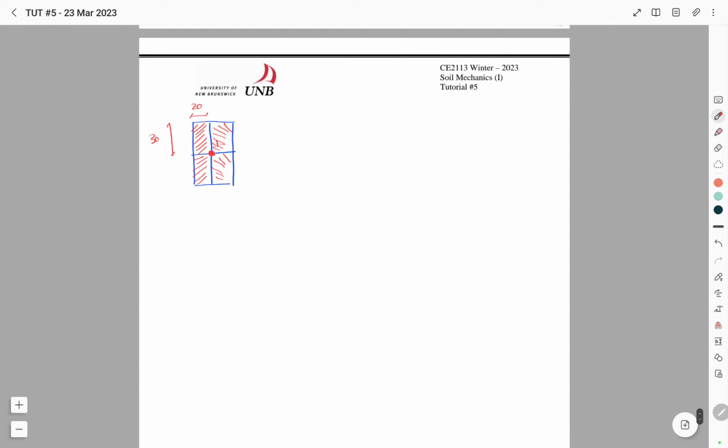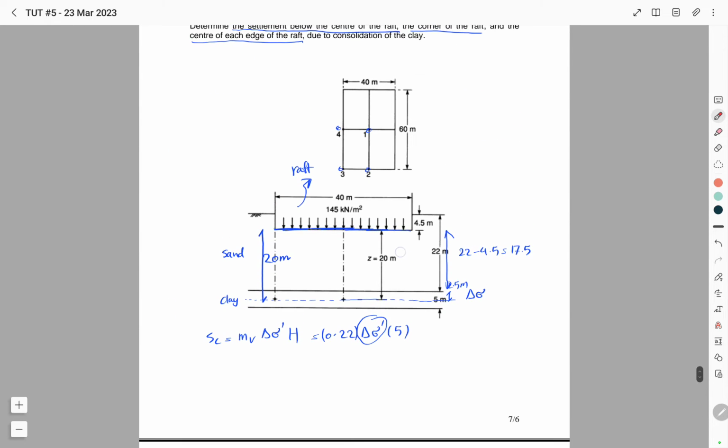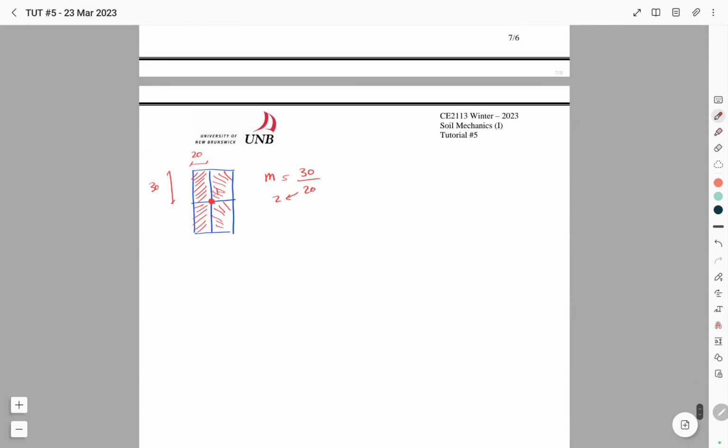So M is equal to 30 over 20, which is the depth. This is Z. 1.5, and n is equal to 20 over 20.